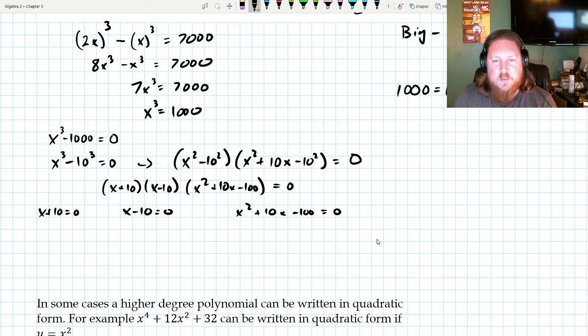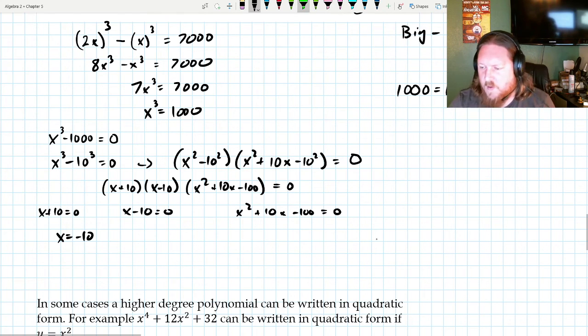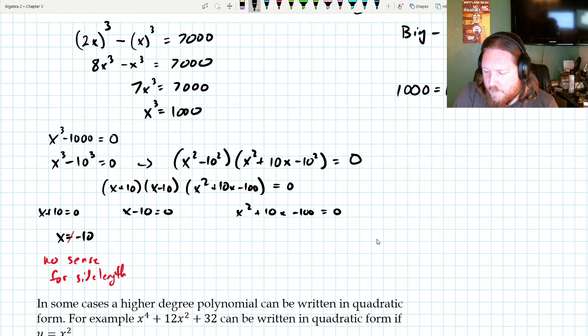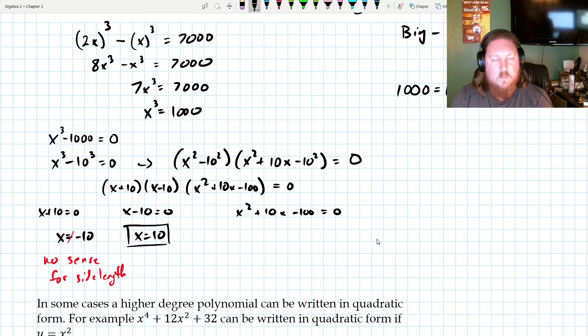Well, here x plus 10 equals 0, that's going to give me x equals negative 10. That doesn't make any sense for a side length, so I'm going to ignore that answer. But here I have x equals 10. That's a potential for a side length.